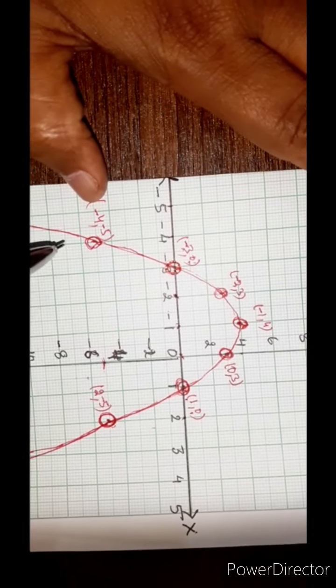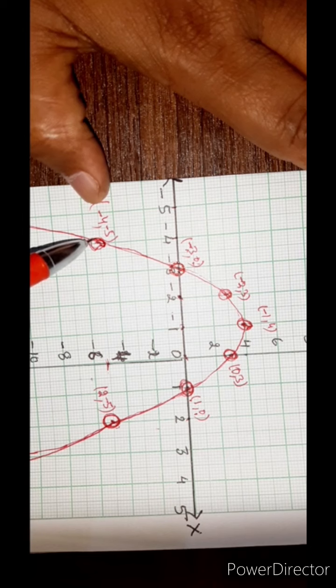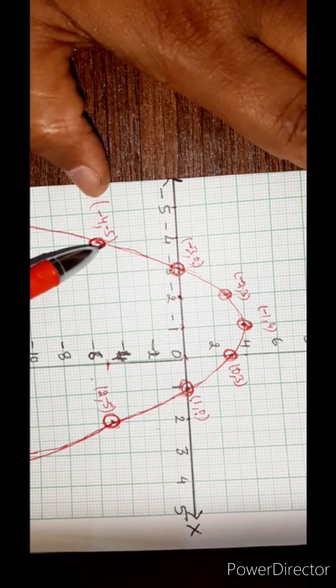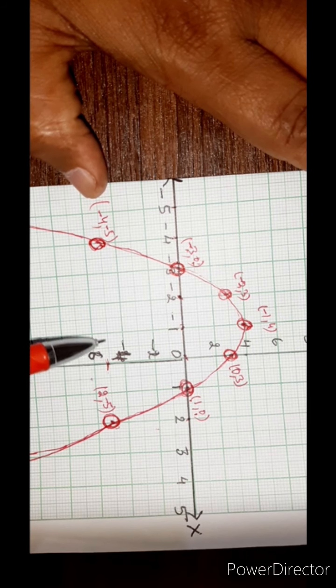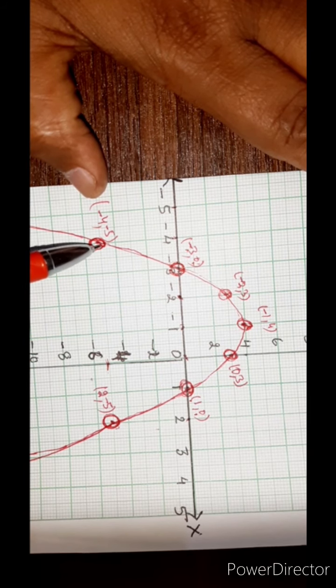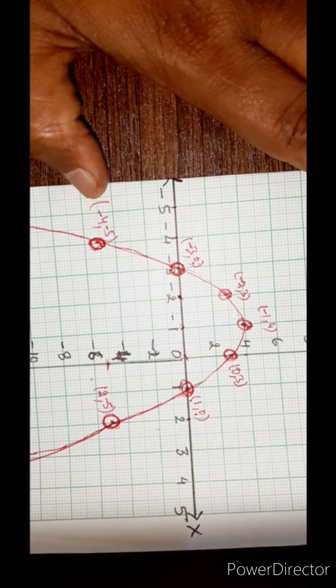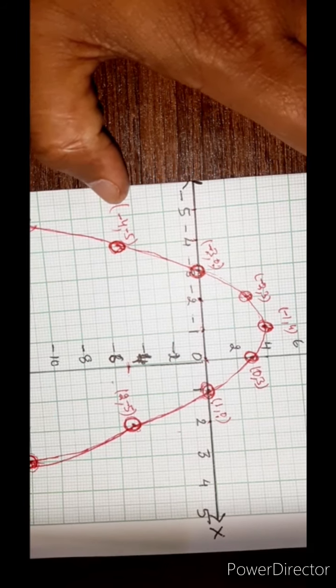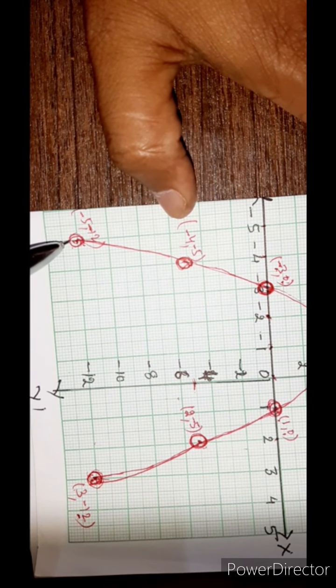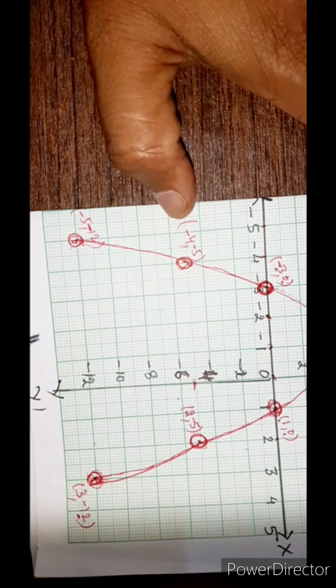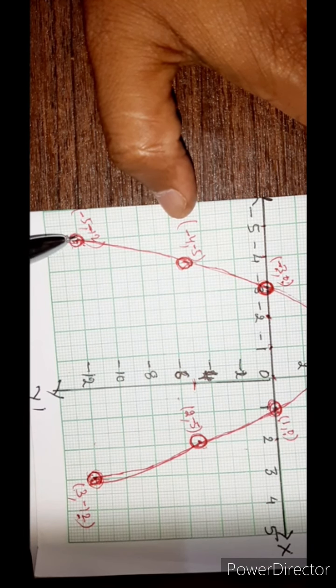Here will be this point -4 and -5. Okay. Next point -5, -12. -5 and here -12. So the point will lie at this point.